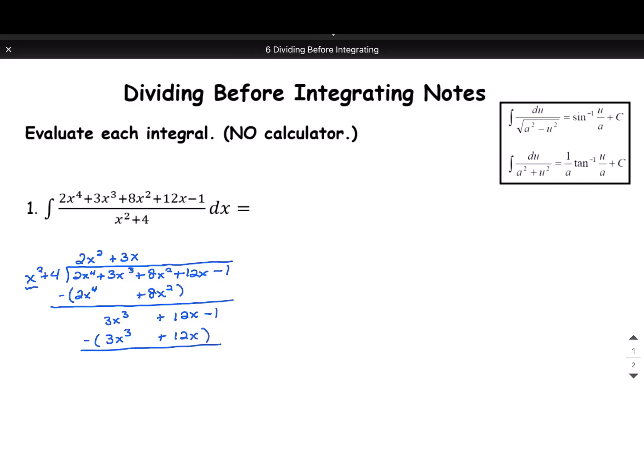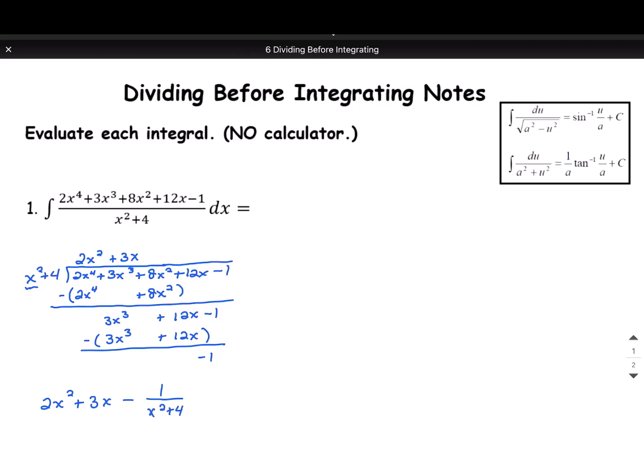And when I subtract, the 3x cubes go away, 12x minus 12x is gone, and all that's left is negative 1. So the answer to this division is 2x squared plus 3x minus the remainder 1 over, we divided by x squared plus 4, okay?